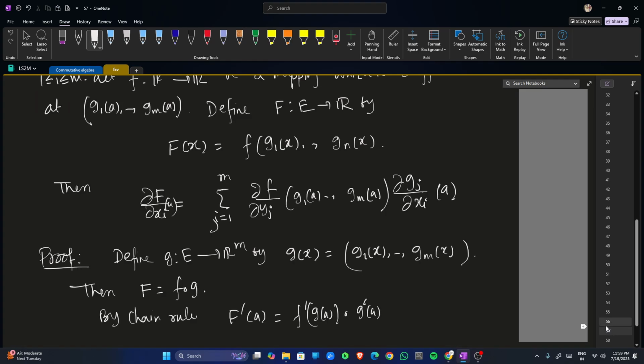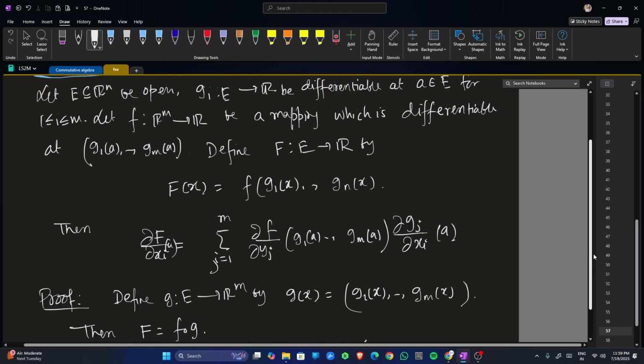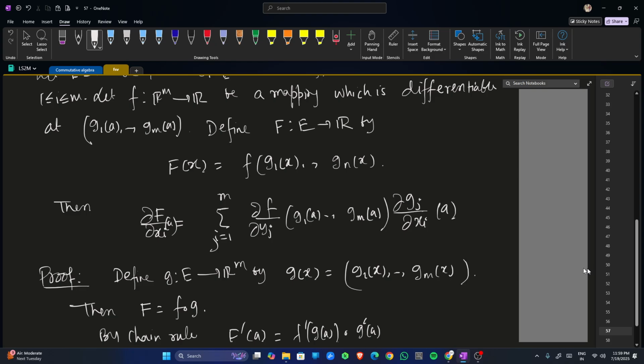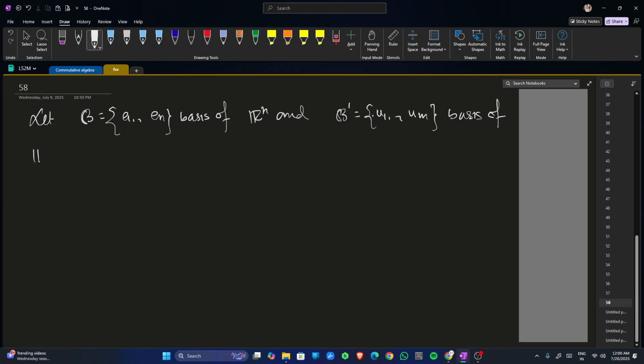Now, what is f? f is a mapping which is differentiable at the point, from Rm to R. Let B be a basis of Rn and B prime a basis of Rm.